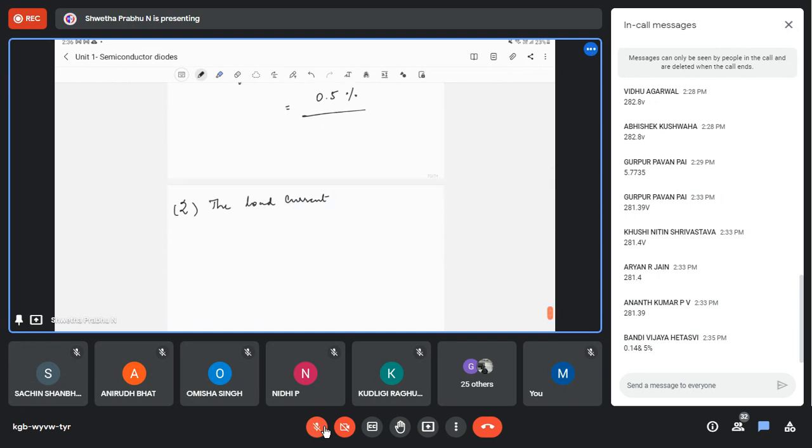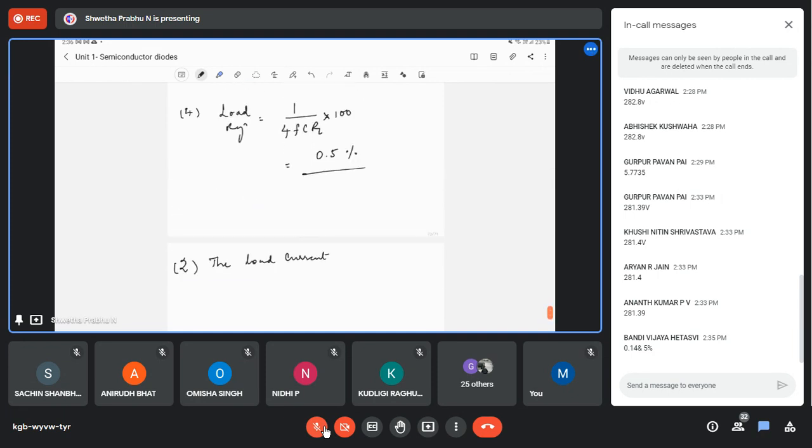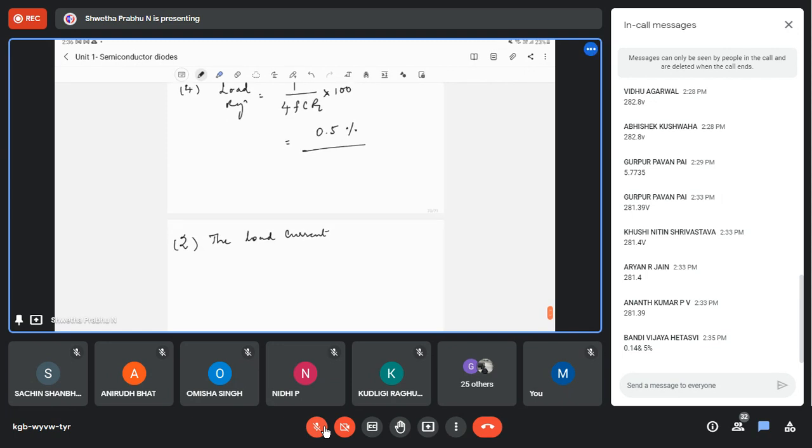Next question. The load current of a full wave bridge rectifier with an input AC voltage of 200 volts, 50 hertz is 40 milliamperes.